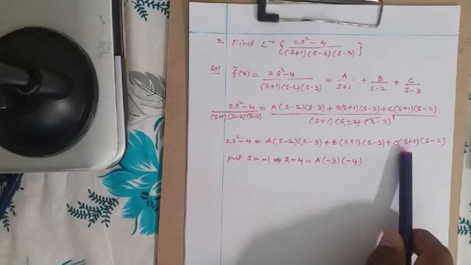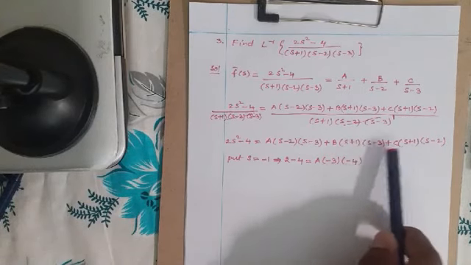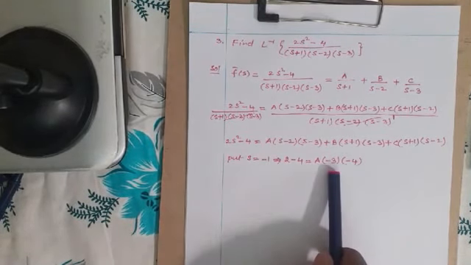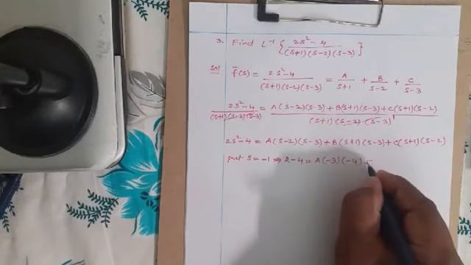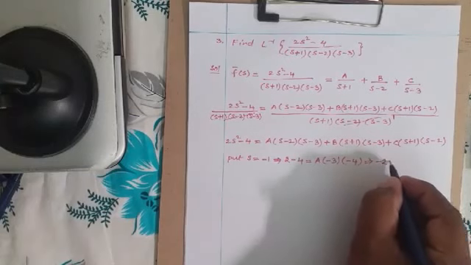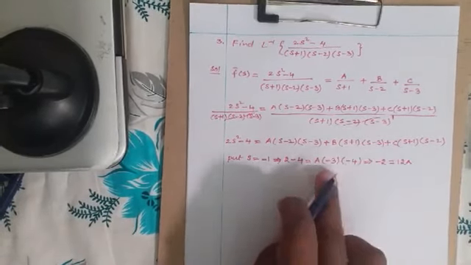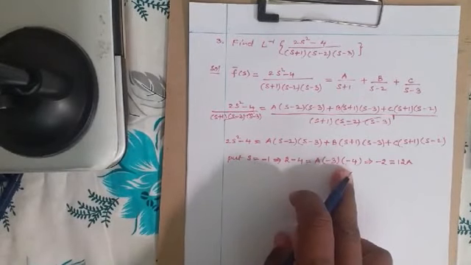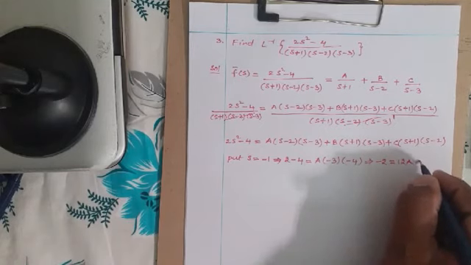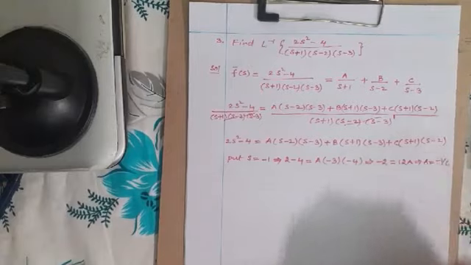Again here if you put s as minus 1, plus 1 is 0, so B and C, these both terms become 0 and this term will remain. So now you get 2 minus 4 is minus 2 is equal to 12A, because 3 fours are 12, minus into minus is plus, so 12A. So this implies A is equal to minus 1 by 6.